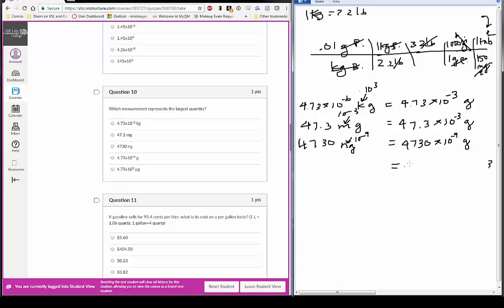And here, this next one, 4.73 times 10 to the negative fourth grams. And our last one, 4.73 times 10 to the third micrograms. Micro means 10 to the negative sixth. So 10 to the third times 10 to the negative sixth gives me 10 to the negative third.